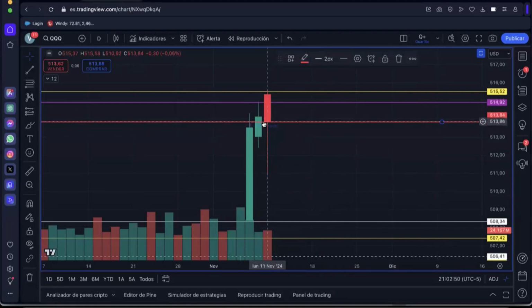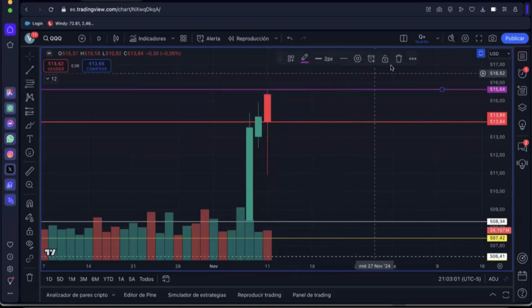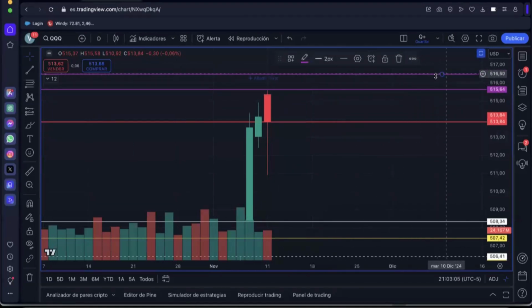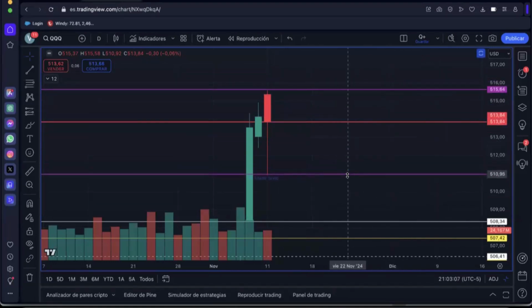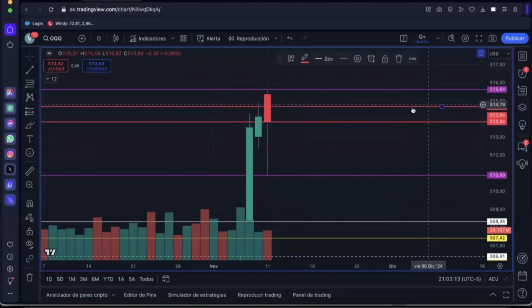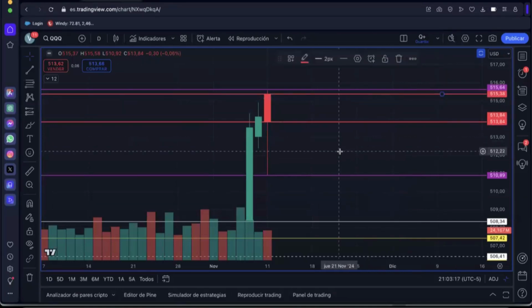Red here, I will delete this 4-hour because it was already touched by the candle. Purple on top, make a copy, and put it below, and make a copy of the red one, and put it here. Boom.